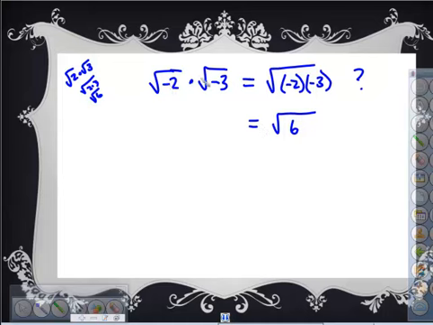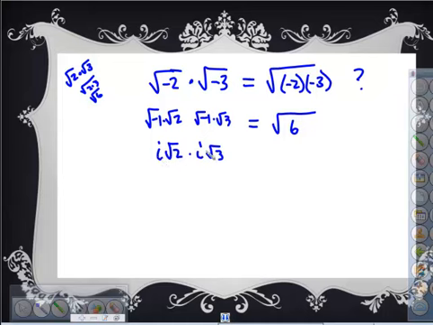Well, before we multiply, we have to take care of this negative on the inside. So this is the square root of negative 1 times the square root of 2, right? So that one's going to be i radical 2. And then this one, same story, is the square root of negative 1 times the square root of 3, which will be i radical 3.